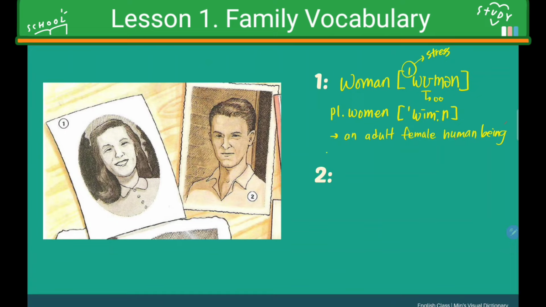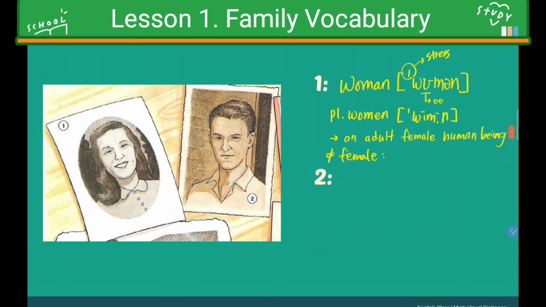And never get it mixed with female. It is rude to call someone, especially a woman, a female. For example, I like this female. You can never say that to a human being because female means female animal or plant.